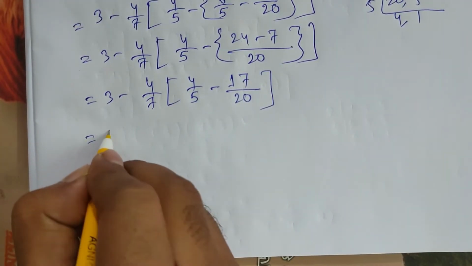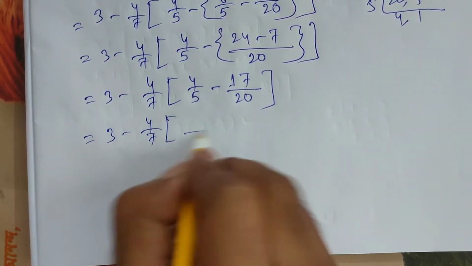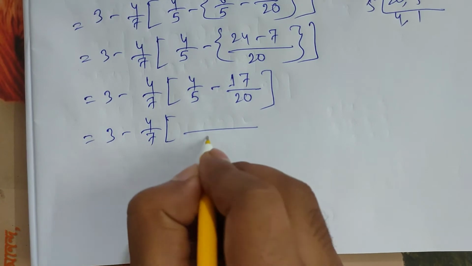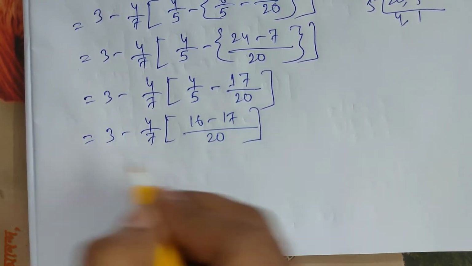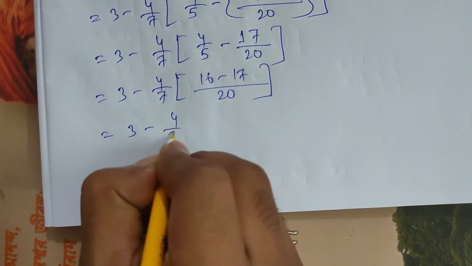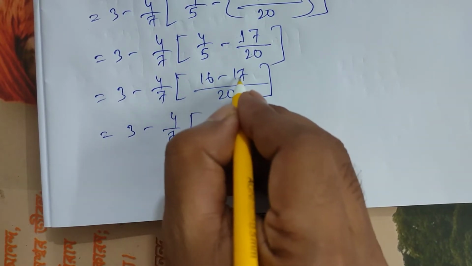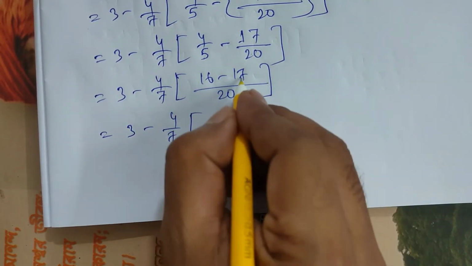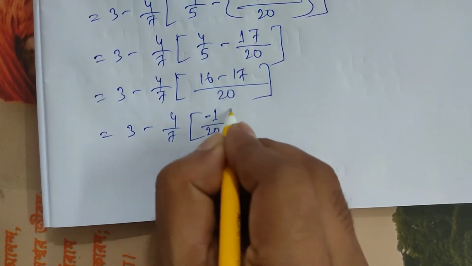Then next, 3 minus 4 by 7, and this one is 20 and 5, the LCM will be the same, 20 will be there. 4 fours are 16 minus 17, equal to what will be? Just follow 17 and 16, different signs, we need to subtract 17 minus 16, that means 1, the greater number is minus, so that means minus 1 by 20.